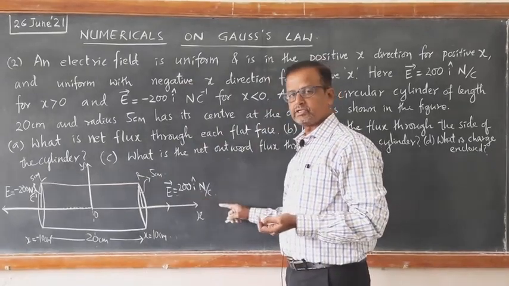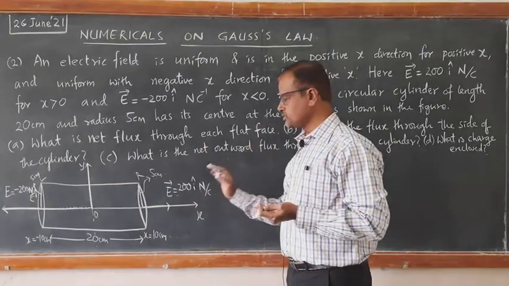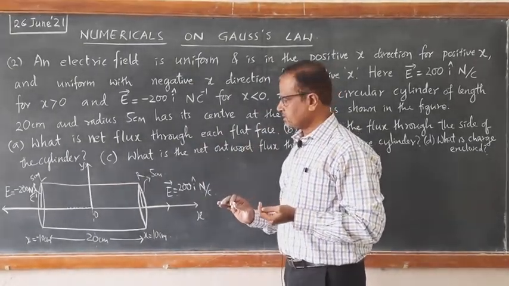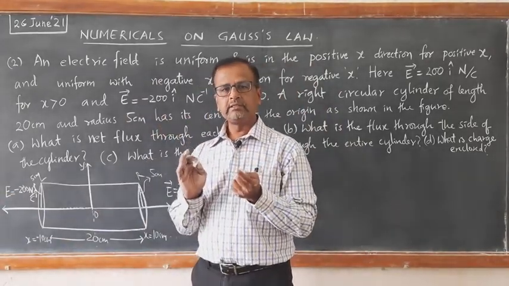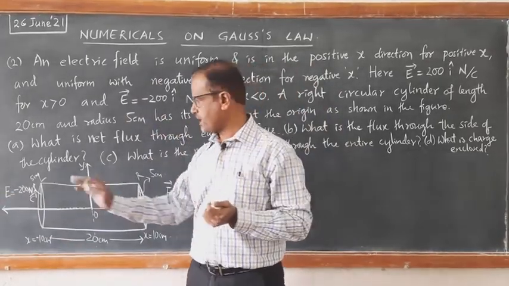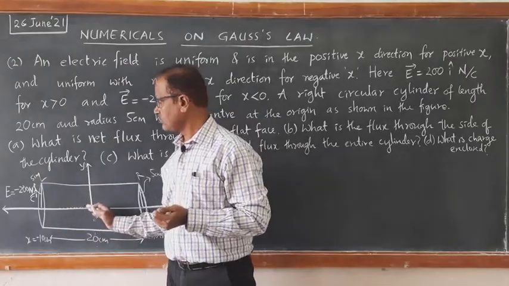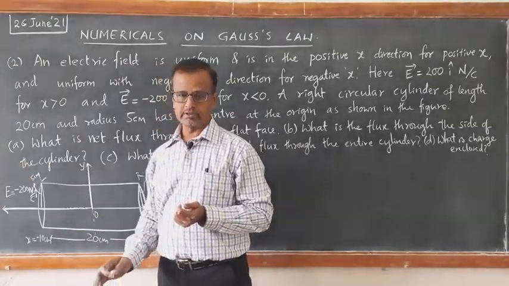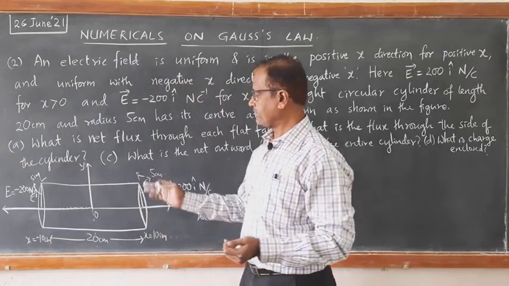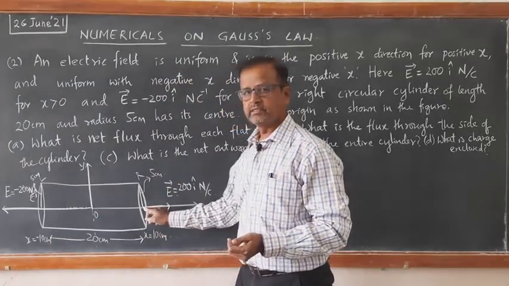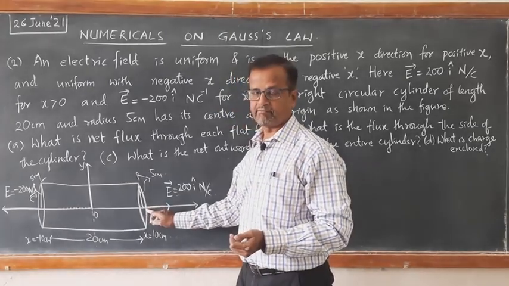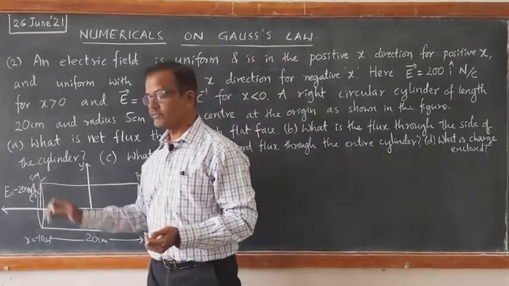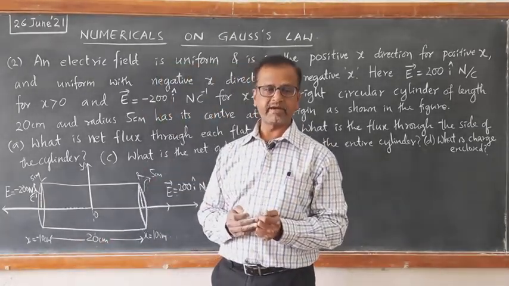Similarly, along the negative x-axis it has uniform value minus 200 Newton per Coulomb acting outwards. So, we can calculate the flux linking with the right side flat face and the left side flat face.